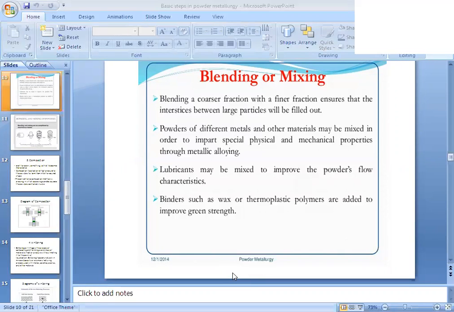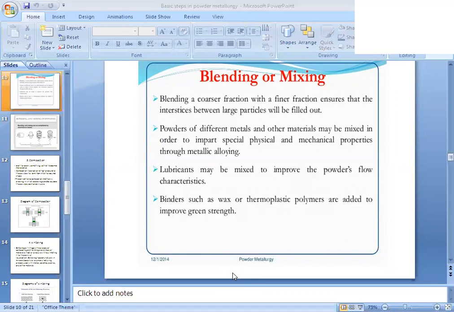The second step is blending or mixing. It is a very important step. Blending is not a different word, it is similar to mixing; you can use either blending or mixing.